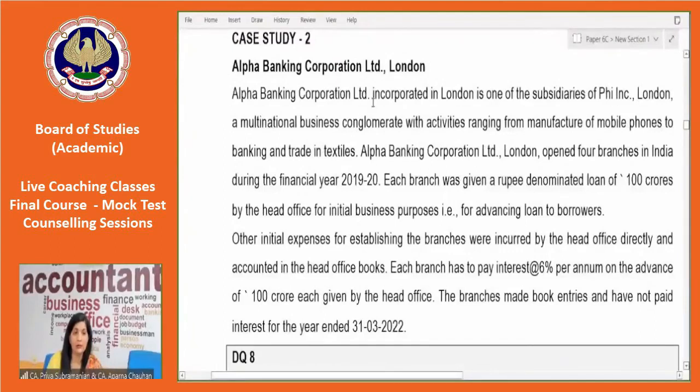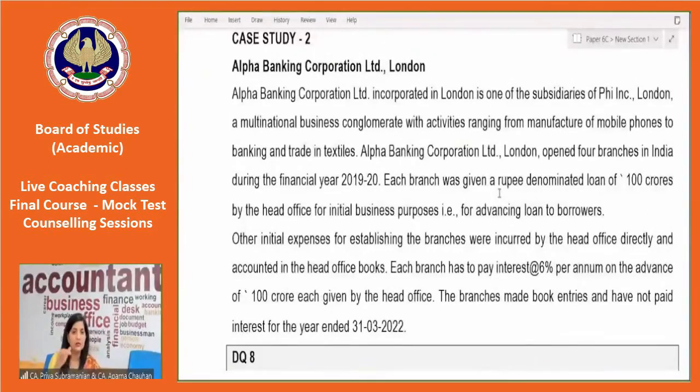We are talking about Alpha Banking now, and Fee Inc. is one of the subsidiaries. Fee Inc. is the parent entity. Alpha Banking Corporation opened 4 branches in India during the financial year 19-20. Each branch was given a rupee-denominated loan of 100 crores by the head office for initial business purposes, that is, for advancing loans to borrowers. So the Alpha Banking Corporation is a non-resident foreign entity, and it has opened 4 branches in India.